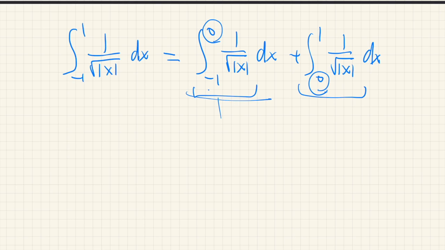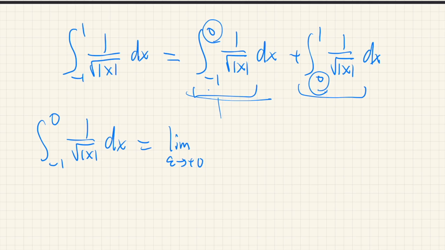First, let's take this one. This improper integral can be considered as this limit, epsilon going to 0 from the right, with limits -1 and negative epsilon, of 1 over square root of -x.